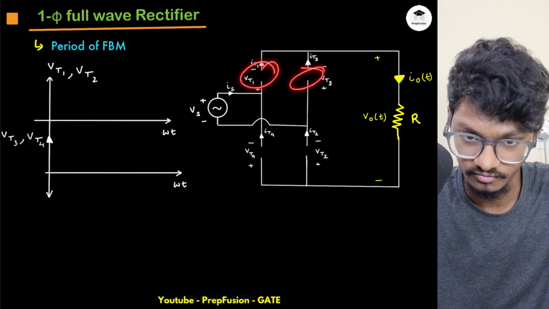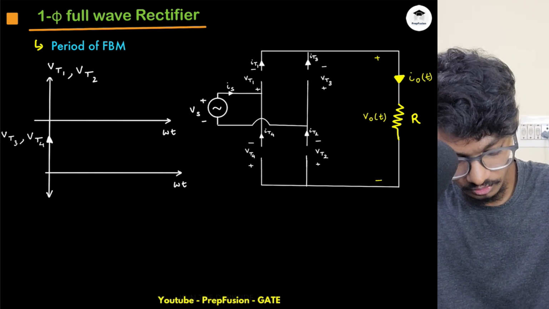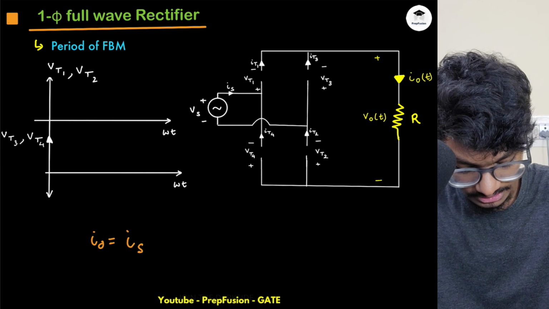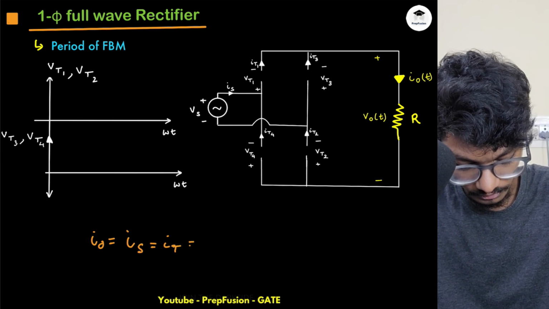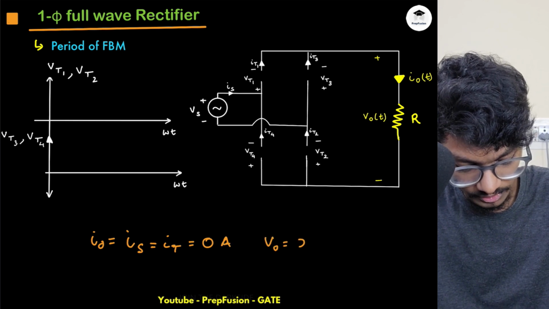So I will assume everything is off. If everything is off, then this current is 0. So my VO is 0, as IO equals IS equals IT equals 0 amperes. So VO is 0 volts.